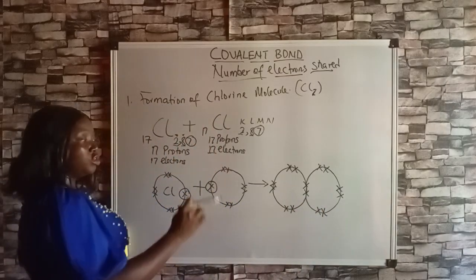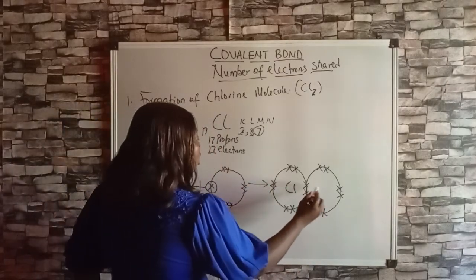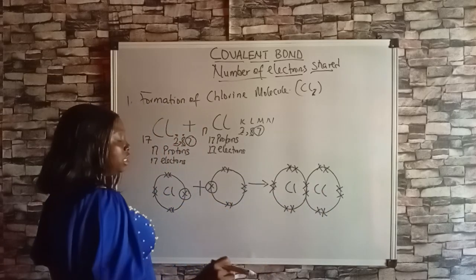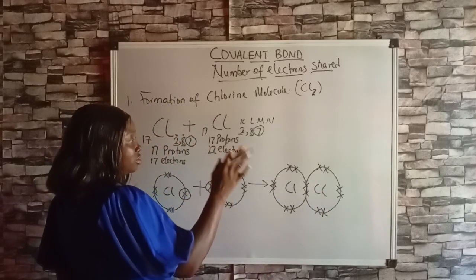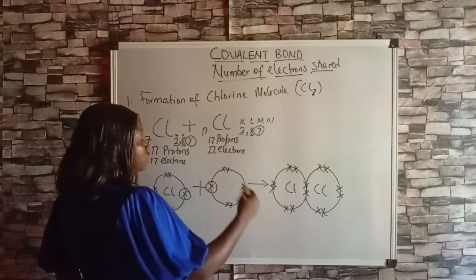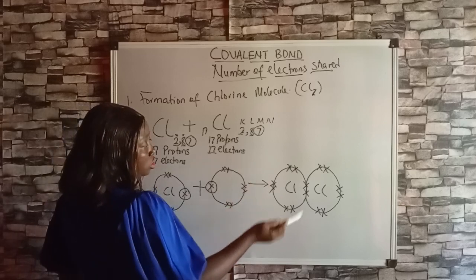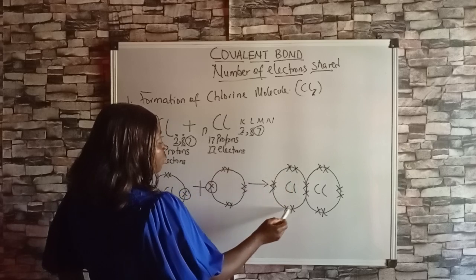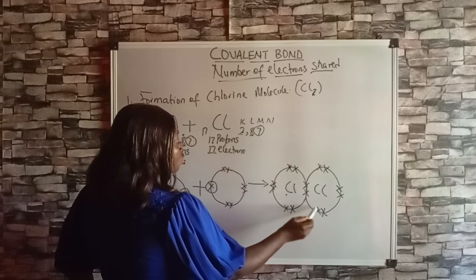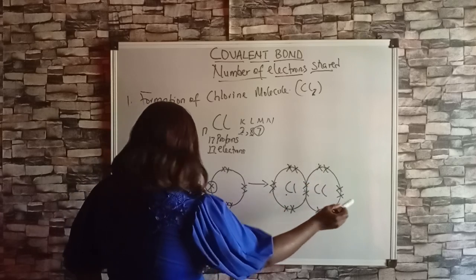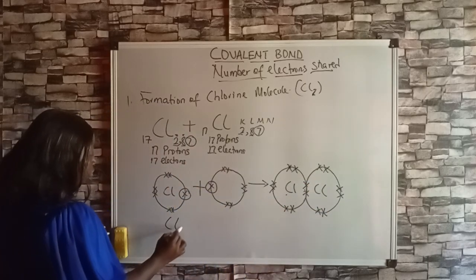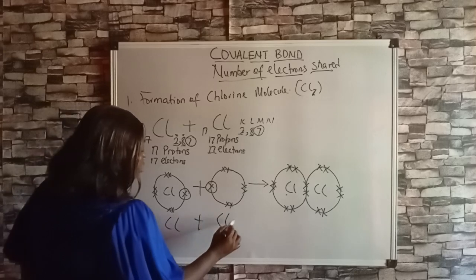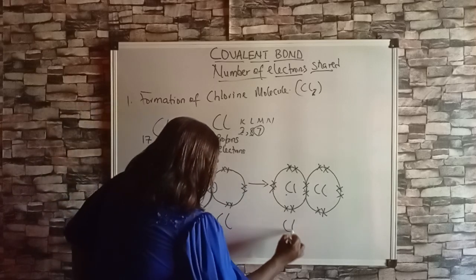With this, each of these chlorine atoms has obtained the octet configuration of the outermost shell. So let's count: 1, 2, 3, 4, 5, 6, 7, 8. For this, 1, 2, 3, 4, 5, 6, 7, 8. So this is chlorine bonding with chlorine to give chlorine.